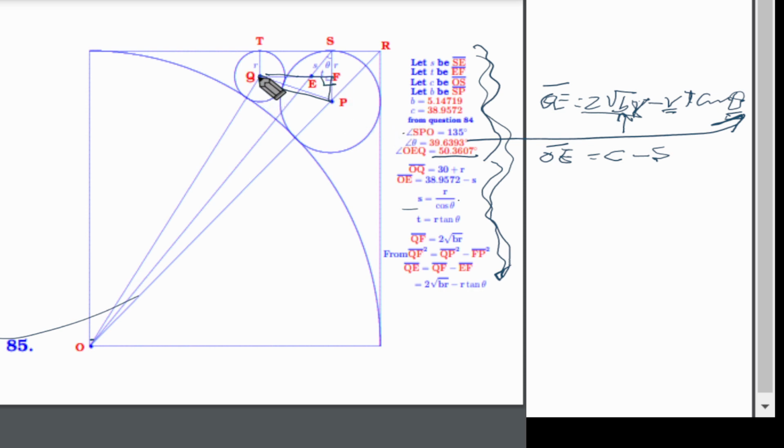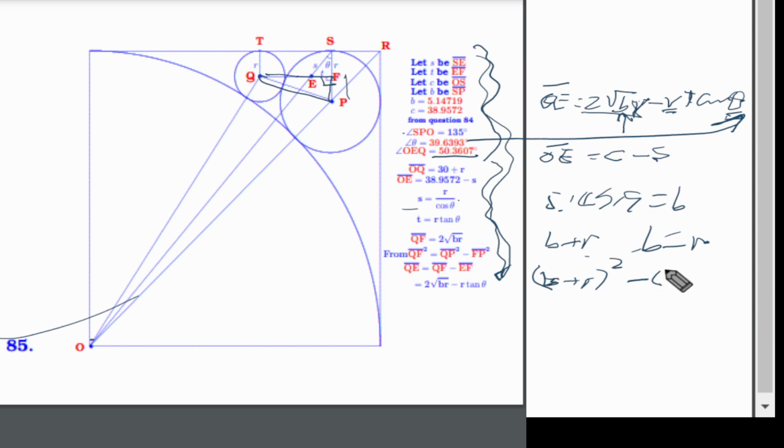Because QP is 5.14719, or simply B, so B plus R. And then EP will be B minus R. So QE will be the square root of B plus R squared minus B minus R squared.